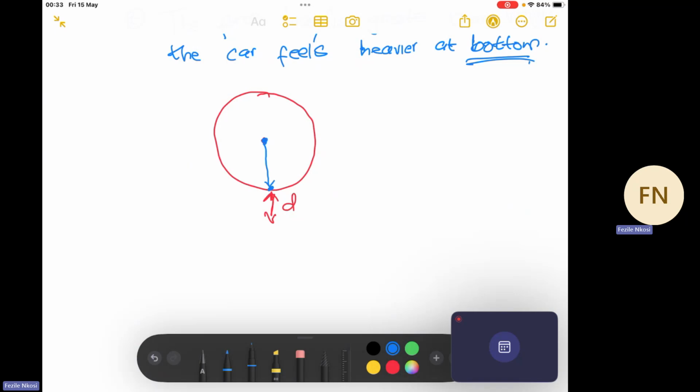The bottom of the loop is at height d, right? The center of the loop is at height d plus r, right? Now, 1/4 of the way around has to be 90 degrees.